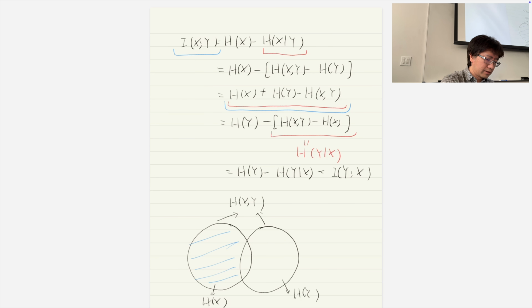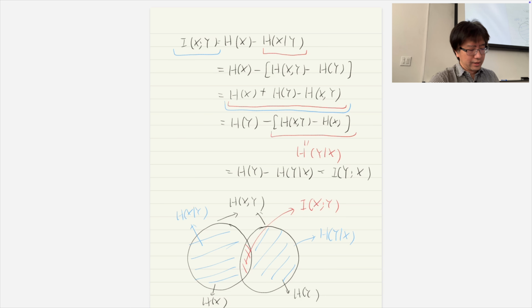This part is H(X given Y), and this part is H(Y given X), because this is H(Y). And then the middle part is mutual information.